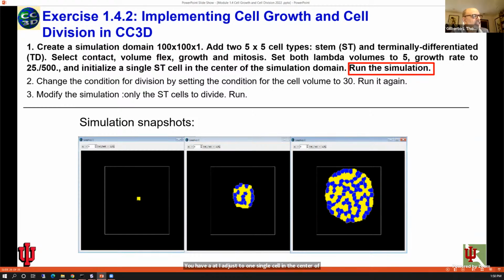When the simulation runs, the cells start to divide and the whole blob grows because the number of cells is increasing after divisions. Okay. Do you guys get that?